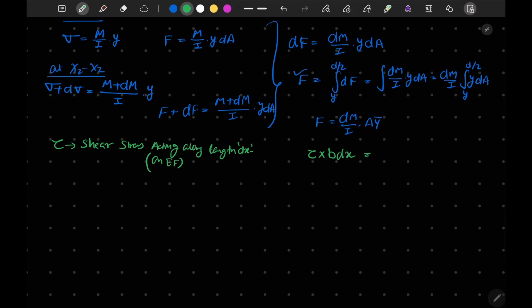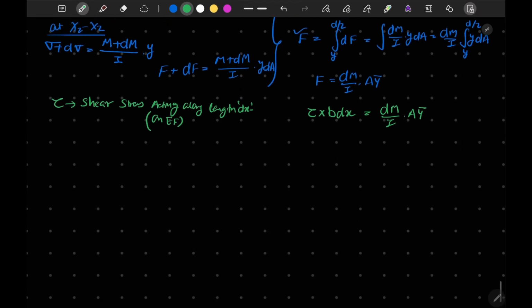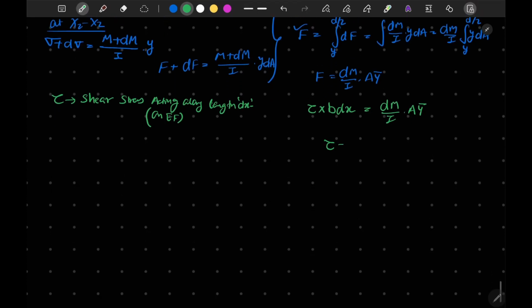Now this will be equal to your dM by I into A y bar. So I can write tau is equal to dM by dx into A y bar upon I into B.